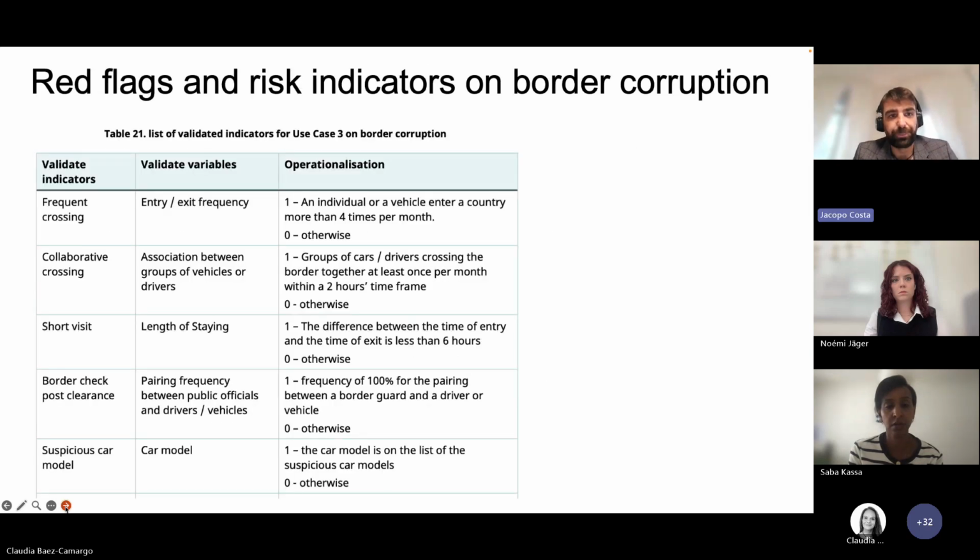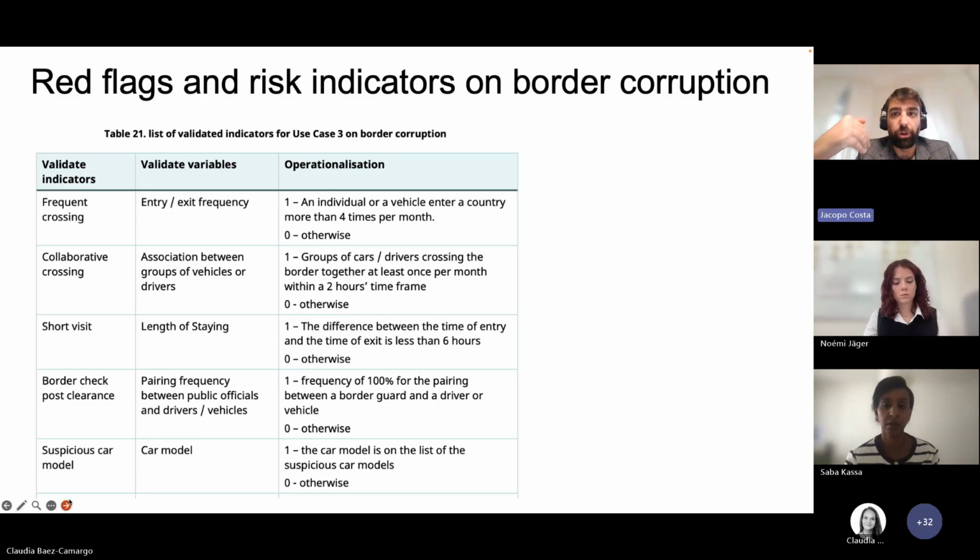Please, Claudia, next. So just to conclude my short introduction, and then leave the floor to the meat that Saba and Noemi are going to present. Under the FALCON project, we have produced, designed, implemented, and also operationalized 5 main red flags and risk indicators. The first is frequent crossings, so the number of times a vehicle enters a country, for example.